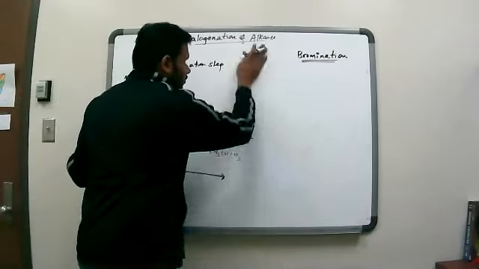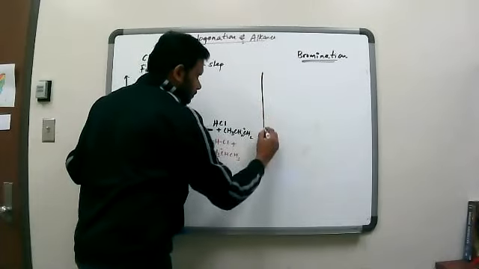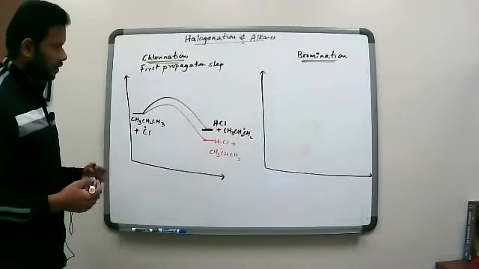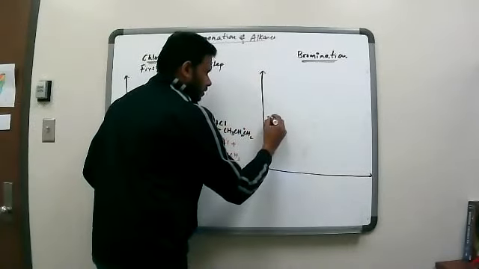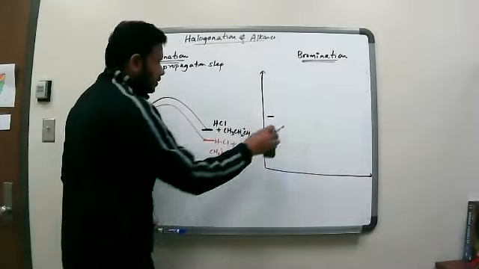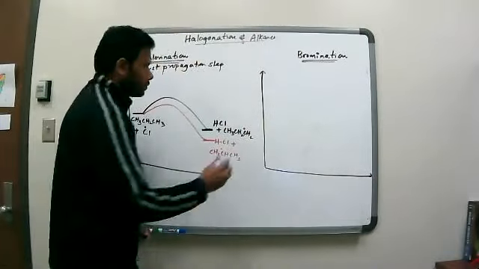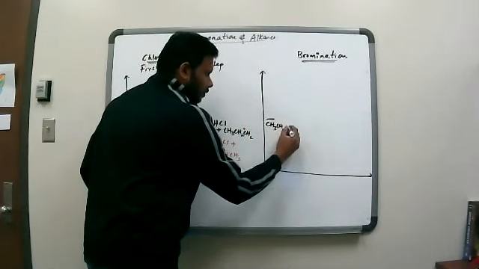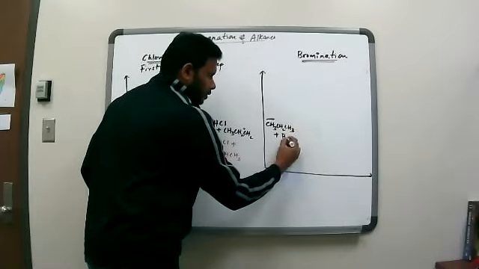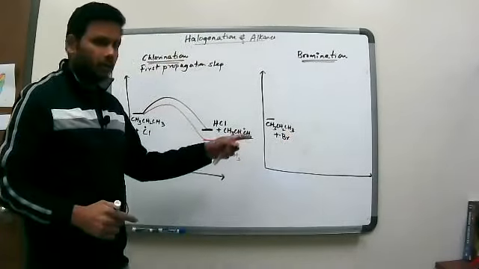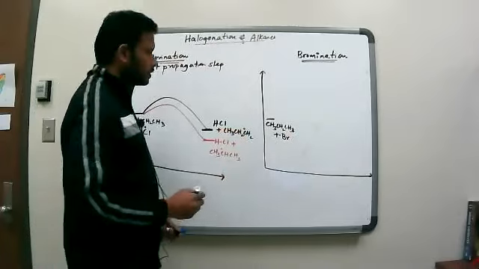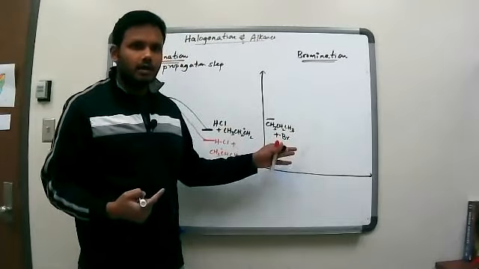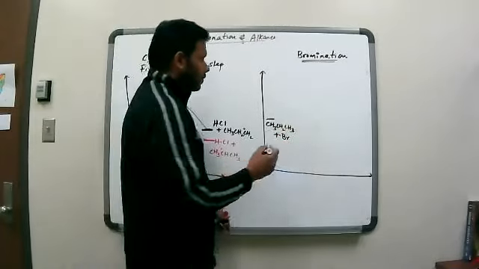Okay, now for bromination, this profile would look something like this. So this is propane plus bromine radical, so reactant from the first propagation step. And the first propagation step for bromination is endothermic, okay?